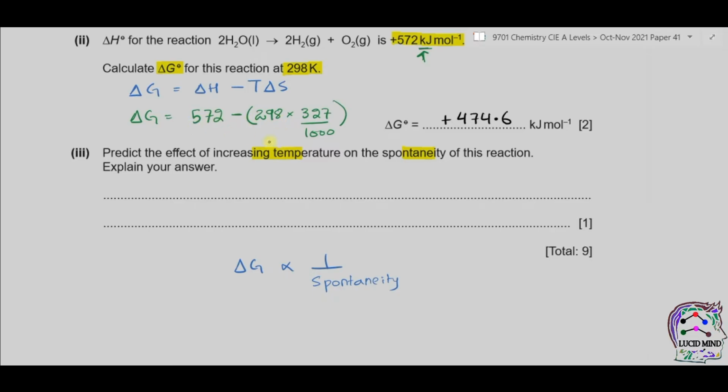Therefore by increasing temperature, the Gibbs free energy decreases, so the reaction becomes more spontaneous. We can write the answer: the reaction becomes more feasible at higher temperature.